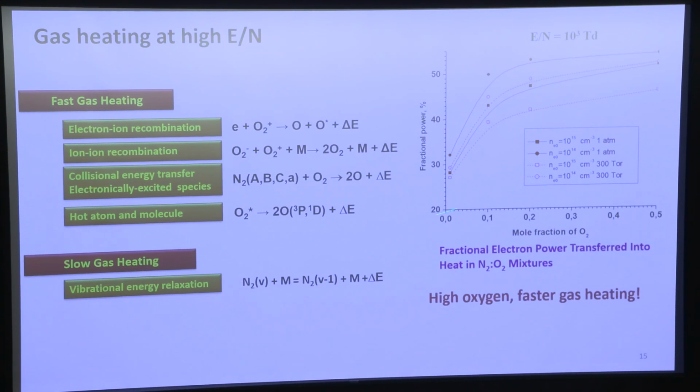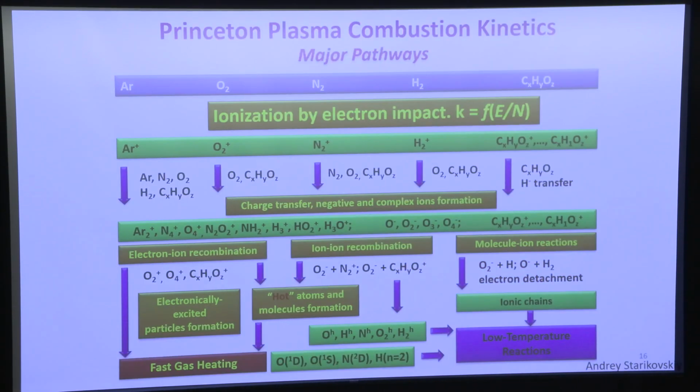So when you have oxygen in the plasma mixture, make sure this type of fast heating mechanism is included appropriately, because it is going to change your temperature, not just produce atomic oxygen.